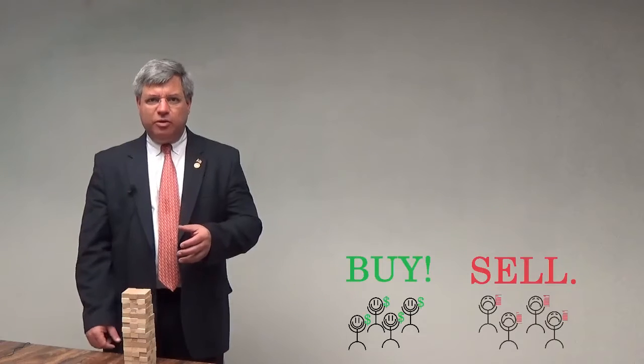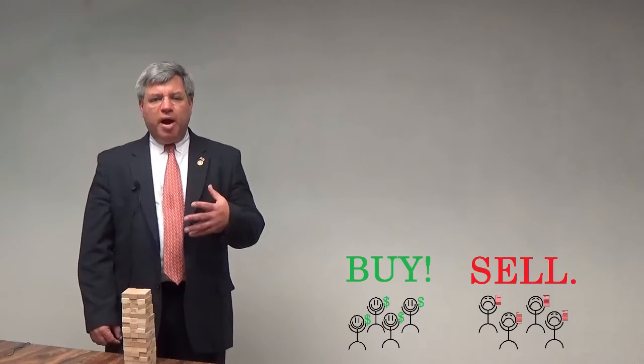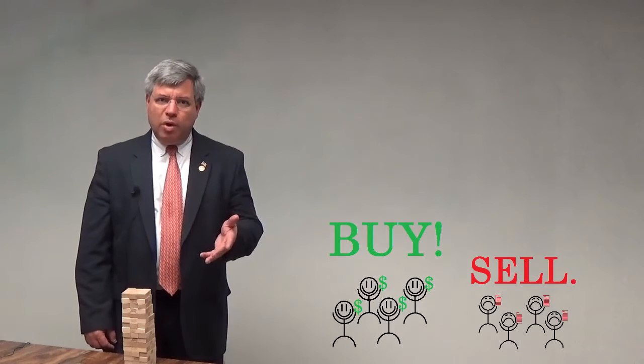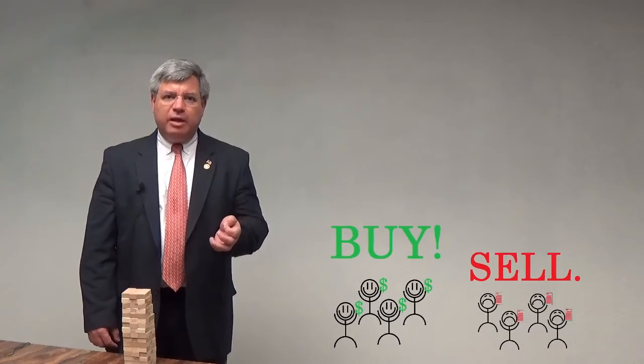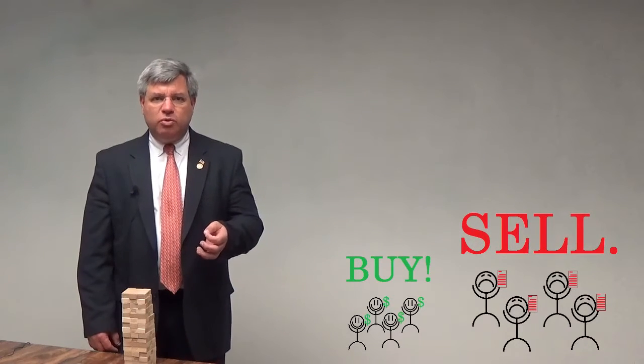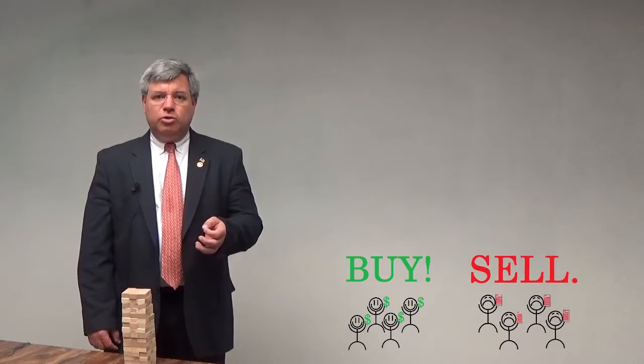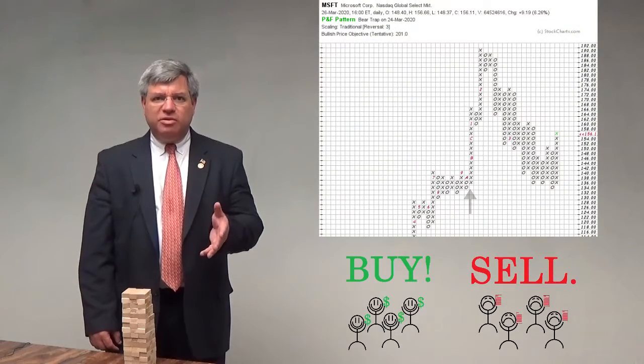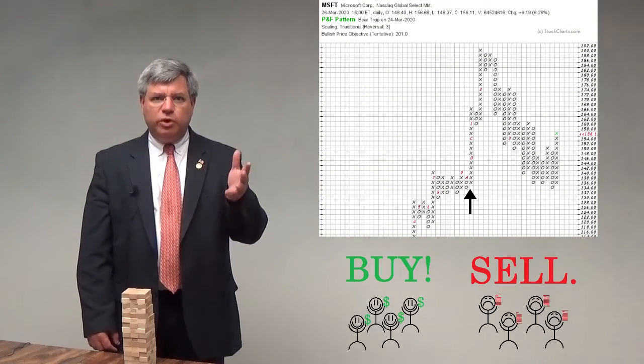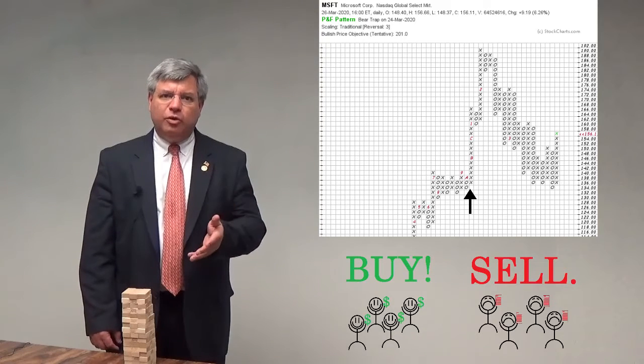Remember, prices of financial assets like stocks and bonds are affected by buyers and sellers. When there are more buyers than sellers, prices usually go up. And when there are more sellers than buyers, prices usually go down. Now, on a chart like this one, a column of X's represents that prices are generally going up and there are more buyers than sellers.